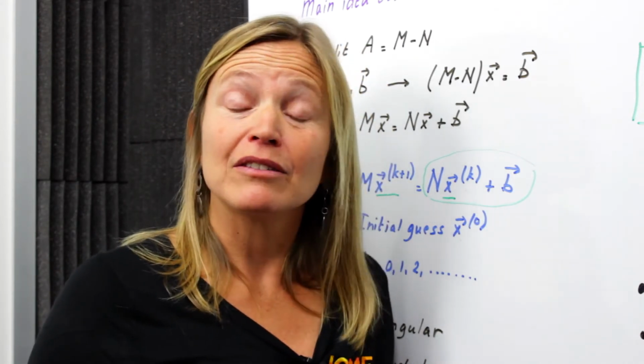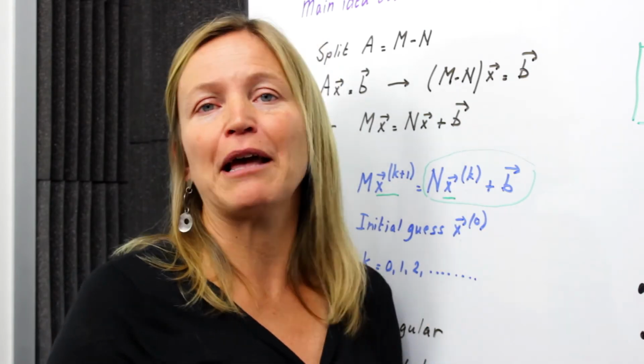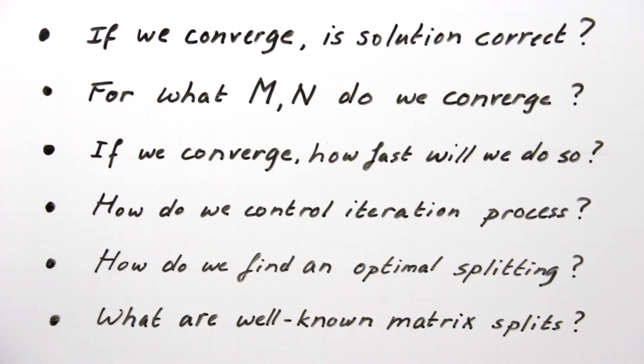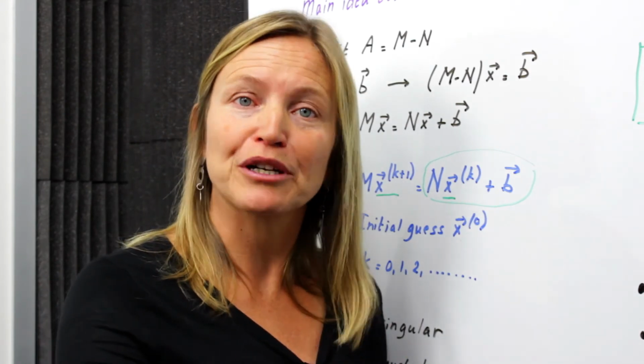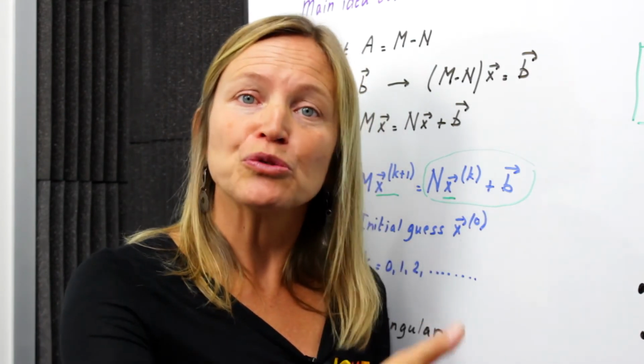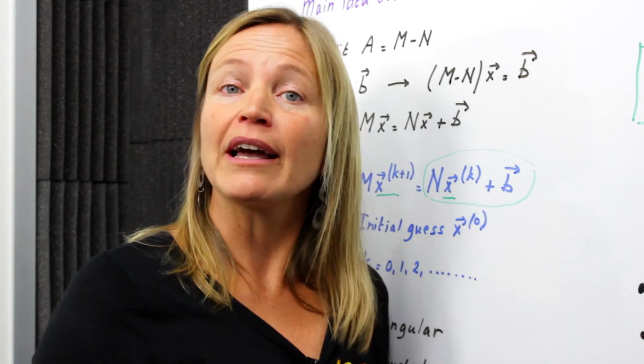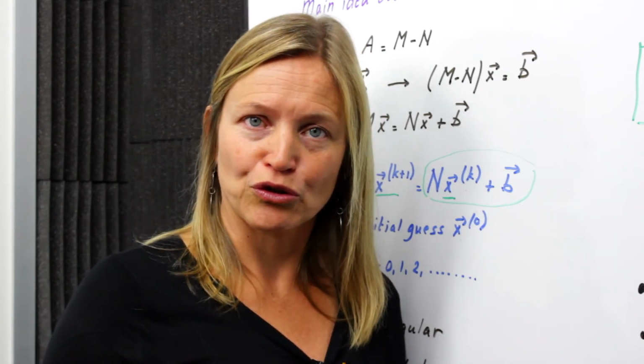That will depend naturally on the choices of M and N, but can we find some general guidelines to help us choose M and N so that the convergence is fastest? The other question is, how do we control this iteration process? Until now, we've just been saying we want a sequence of approximations, x1, x2, x3, and so on, until we get close enough to the actual solution x.